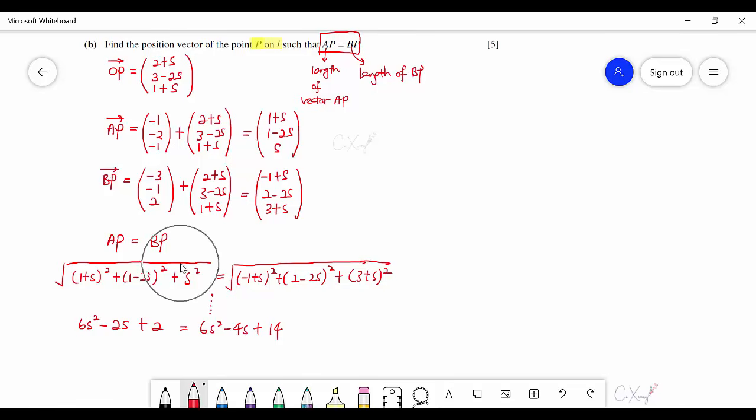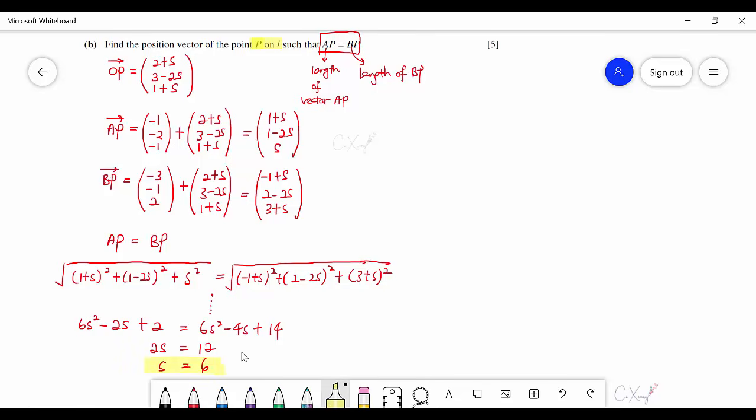After you cancel off the square root, expand everything on the left hand side and right hand side, then you simplify them. This is what you get for the left hand side eventually, and this is what you get for the right hand side. If you further simplify, you'll get 2s equals 12, and therefore your s equals 6.